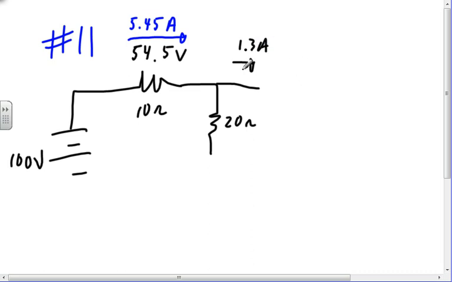Well, if the current going this way is 1.3 amps and the current going that way is 5.4 amps, then the current going that way has to be 4.15 amps. And the voltage across this resistor has to be 20 ohms times that. So 2 times that would be 83 volts. So I have to have 83 volts across that resistor.